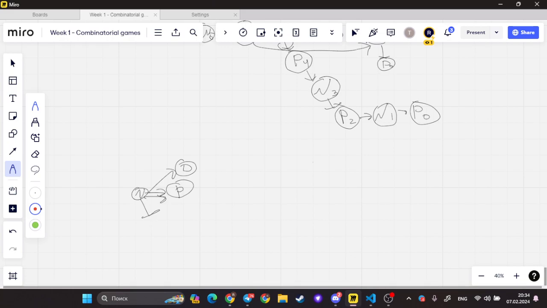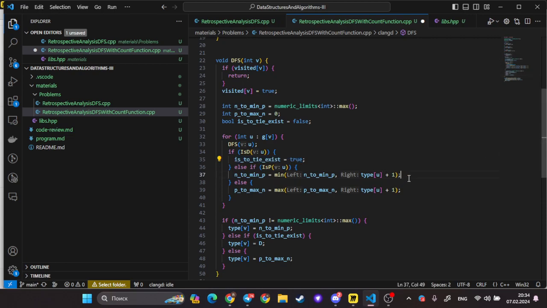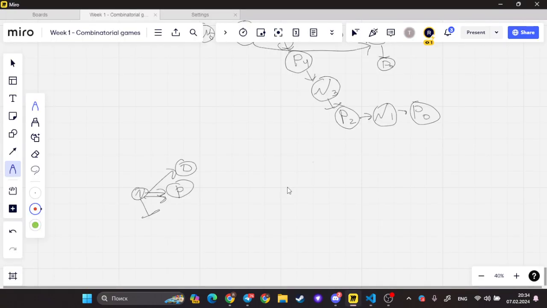Okay, but if we find our vertex, we can't return from this function, because we found a minimum vertex, and in this case we can find a lower class which is even.